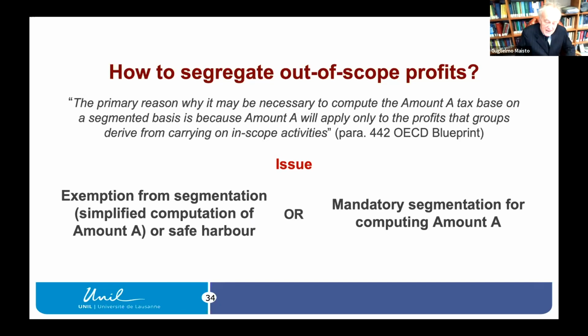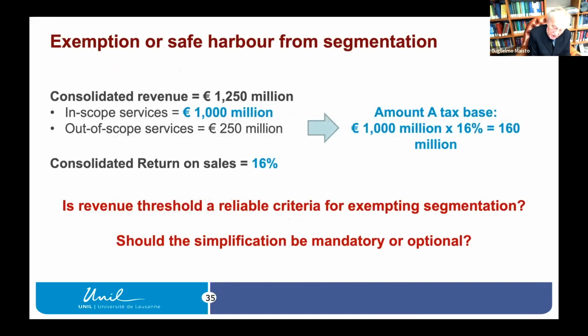But on segmentation, I think the real point is on what is called exemption from segmentation, which in my view does not mean that there is no segmentation, but is a simplified computation of the Amount A, and namely that one would apply the pro rata rate of return on a consolidated basis to the in-scope revenue.